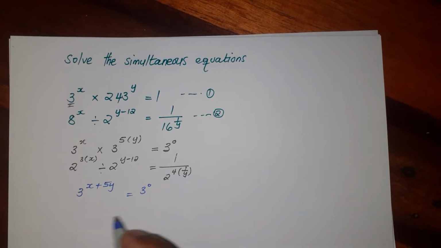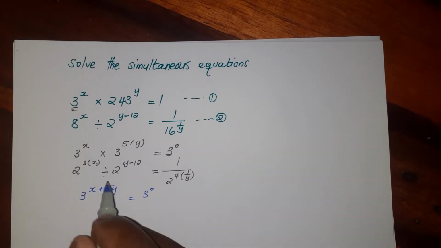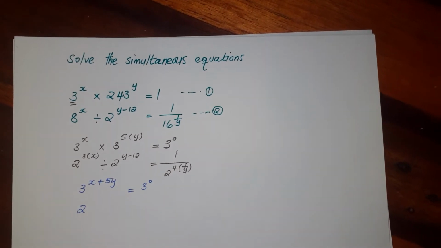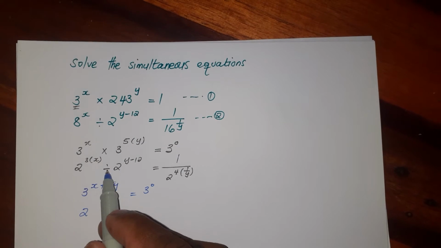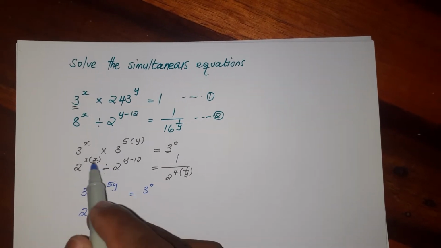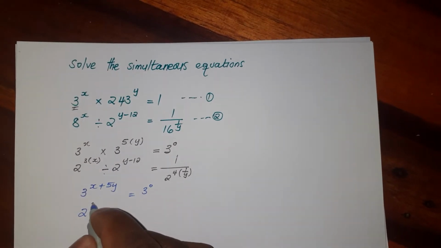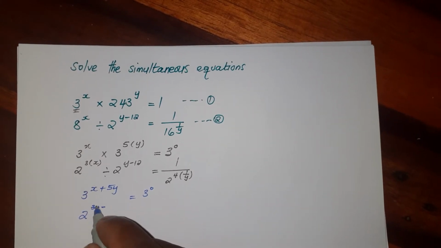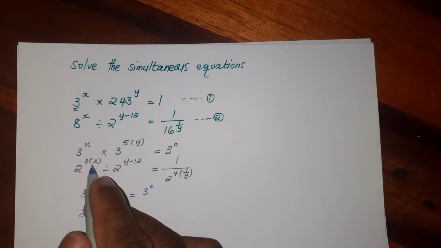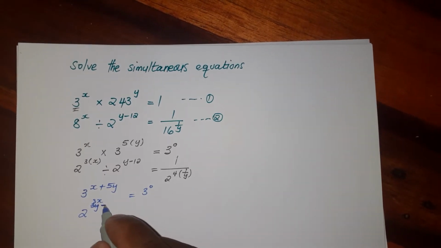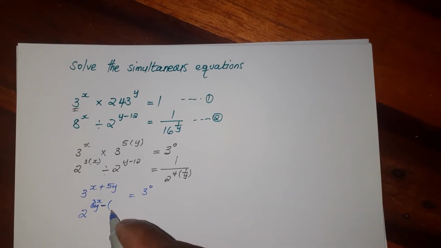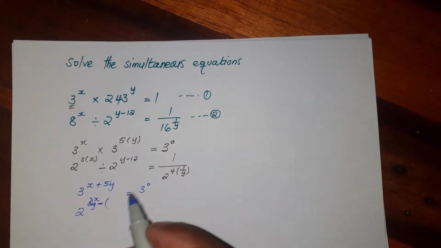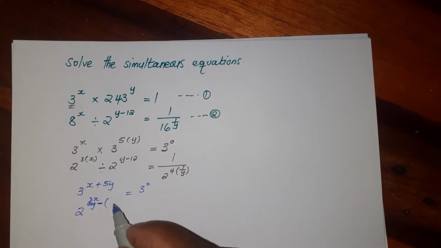While the second one, we only write the same base, which is 2. But since we are dividing here, therefore the exponents we subtract. This is 3x, sorry, it's 3x minus, we have to put brackets because this negative will affect all the numbers inside the brackets.